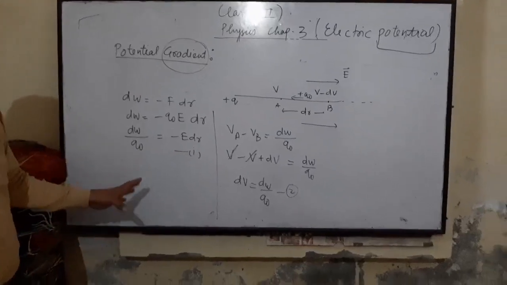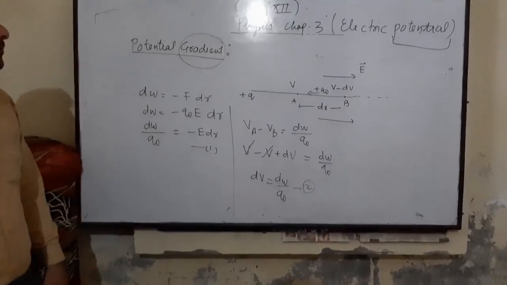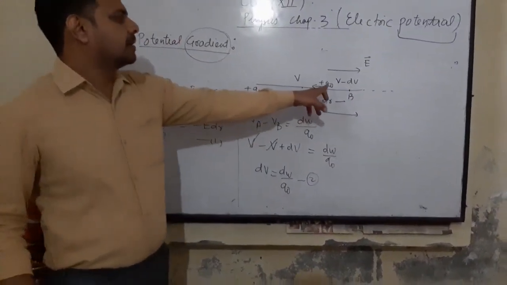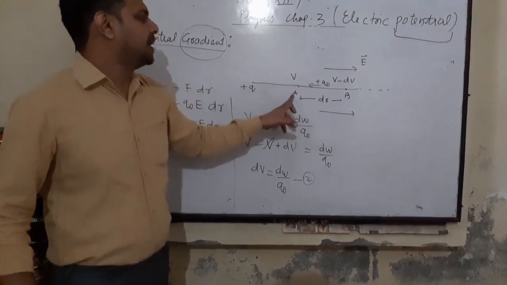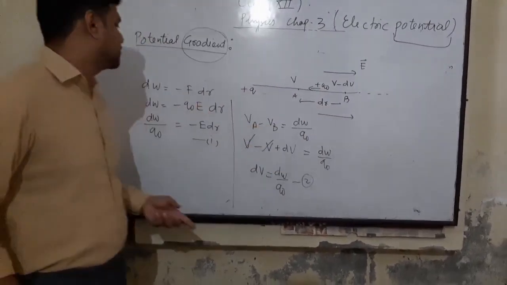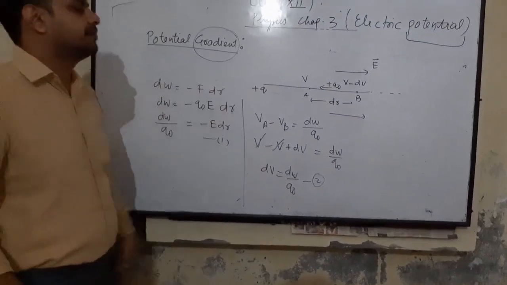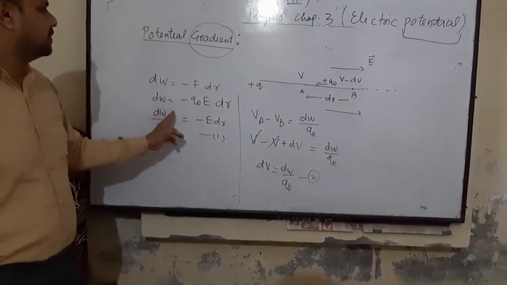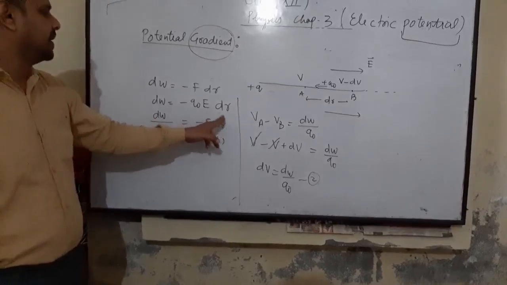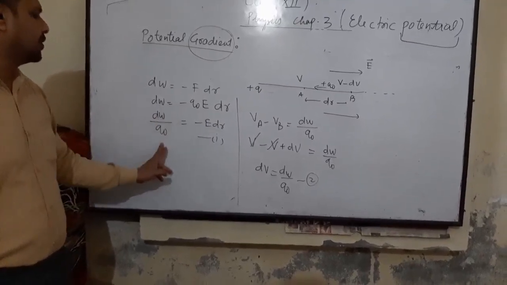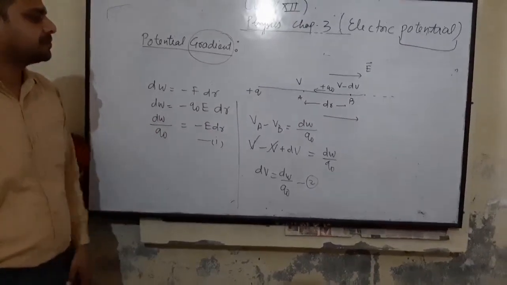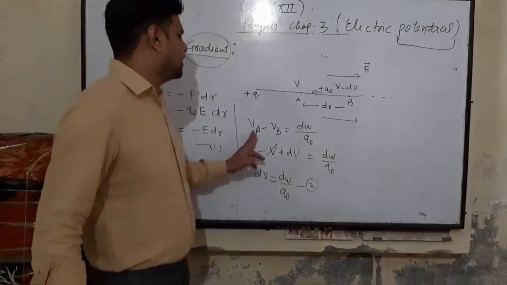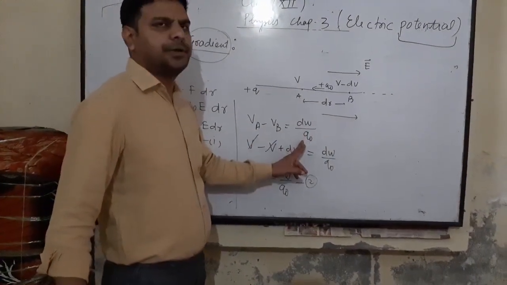We have to set up two equations for defining potential gradient. One is the work done in bringing a positive test charge from B to A through a small displacement dr, given by dW is equal to minus F dr, as we did in the last derivation for potential. F is equal to Q naught E, so dW over Q naught is equal to minus E dr. Now, by the definition of potential difference between 2 points, VA minus VB is equal to dW over Q naught.